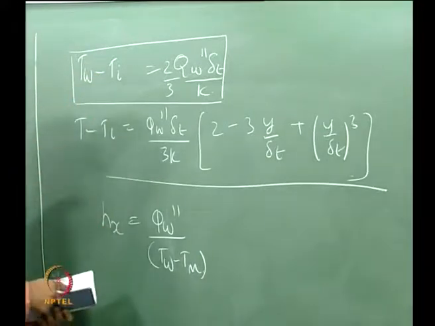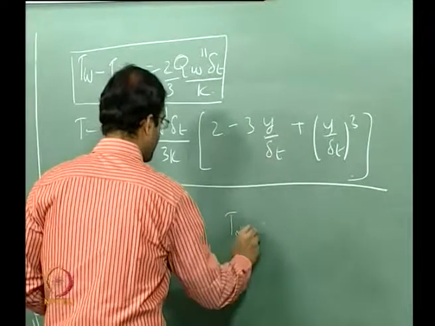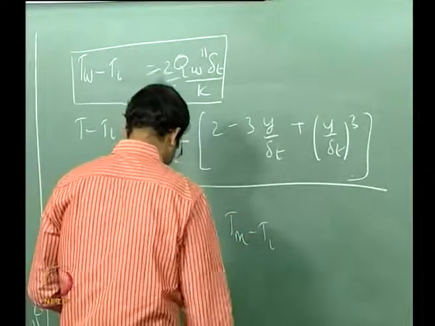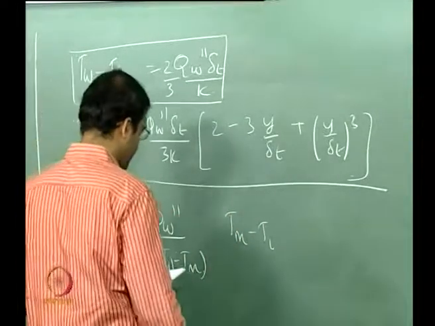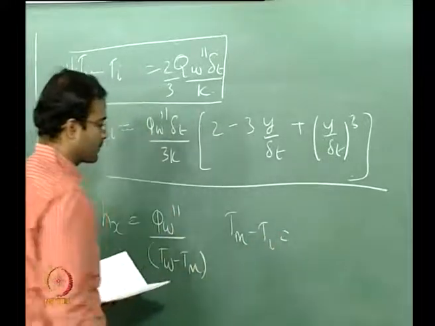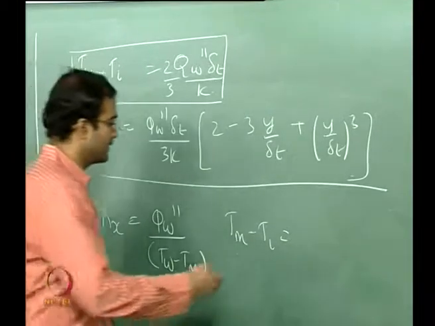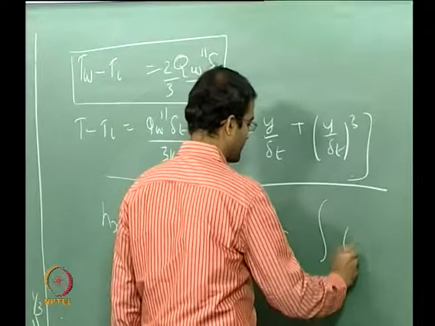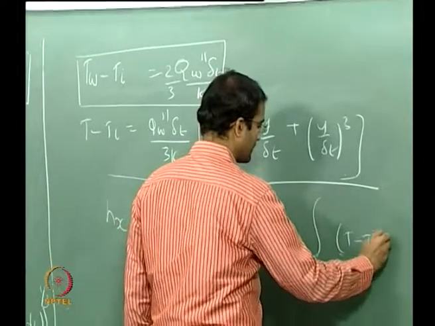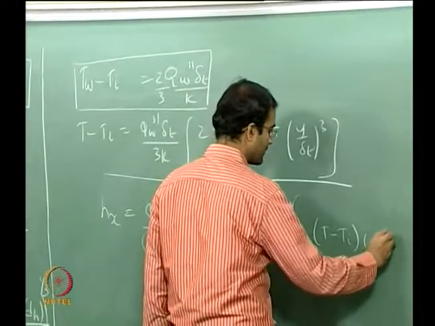So how do I get my Tm minus Ti? How do I get my mean temperature? That is basically the integral of T minus Ti into u into dy.